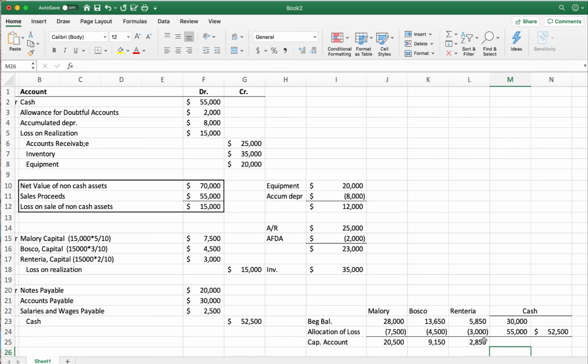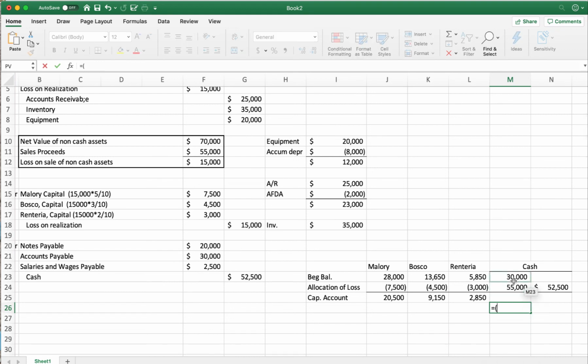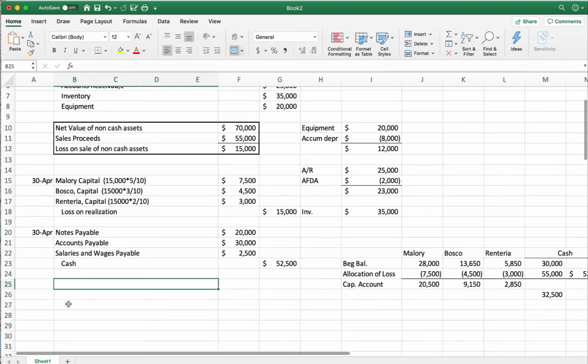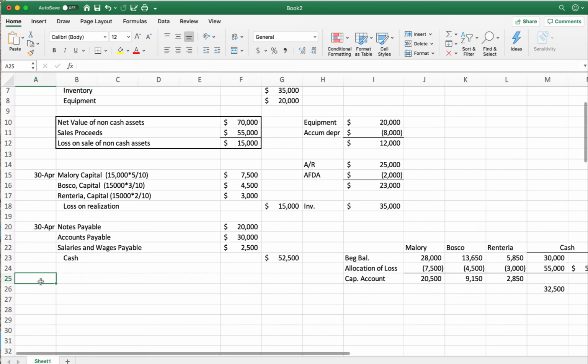Well, that's easy for us to do. All right, add up our debits, subtract out our credits, 32.5. That's our cash balance, which incidentally equals the owner's equity. So we're going to go ahead now and pay or disperse the cash asset to the owners.